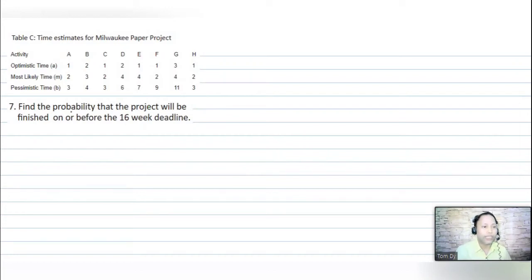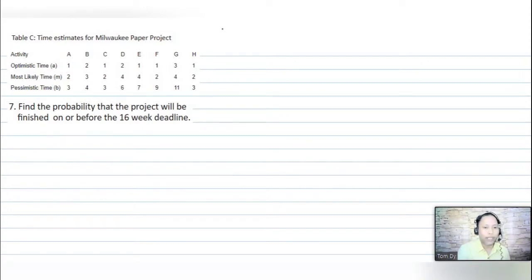Okay, now for this question, we will base it on our table C, the time estimates for Milwaukee paper project. So activity A, B, C, D, E, F, G, H, and then we have here the optimistic time, most likely time, and then pessimistic time. So I would like to rearrange this one to compute this problem. I will rearrange this presentation first.